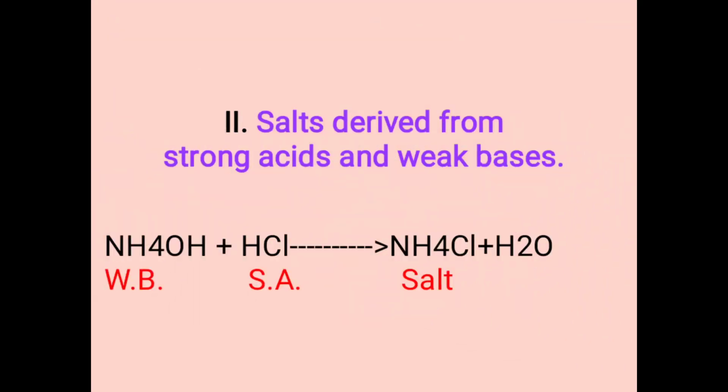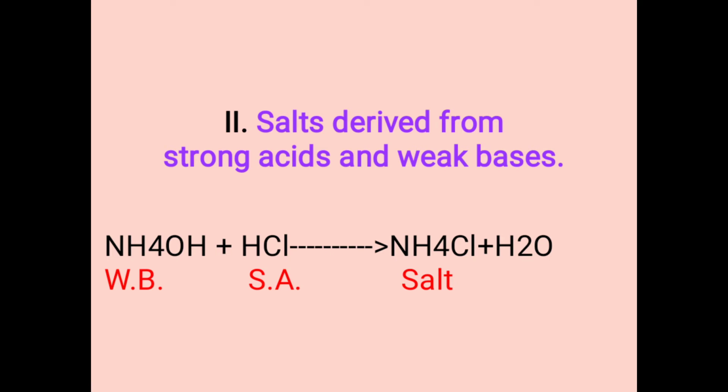Second type, salt derived from strong acid and weak base. The example of this salt is NH4Cl. NH4Cl is derived from NH4OH, a weak base, reacting with HCl, a strong acid. This weak base and strong acid first dissociate in aqueous solution.